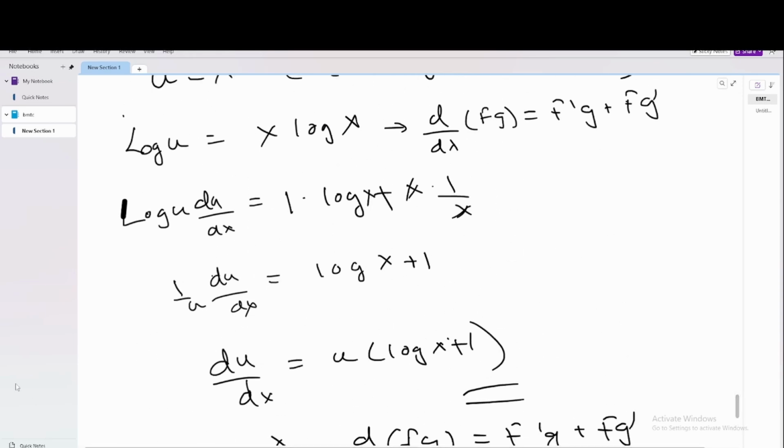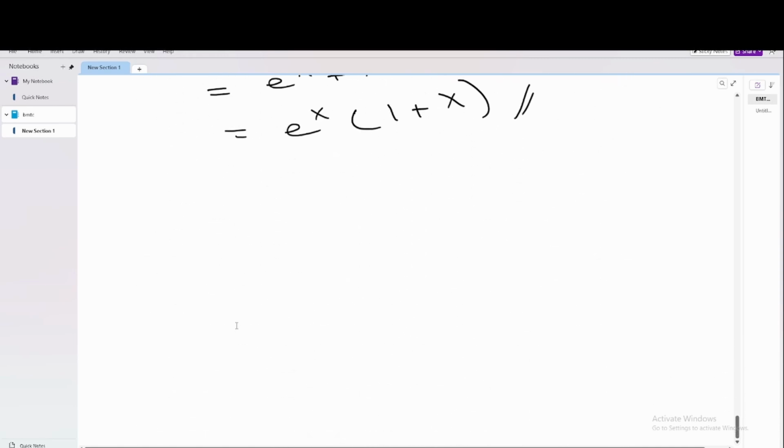Now we can put the derivative of u and v together.